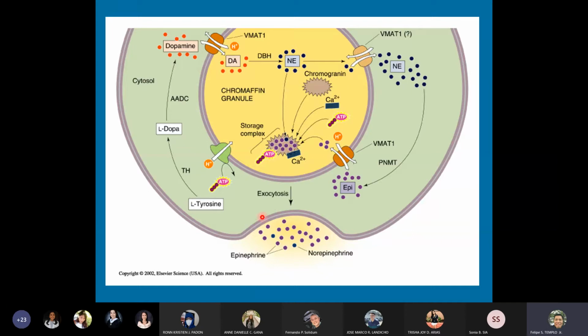So take note, although you already have some reserved norepinephrine, this entire process will be occurring very fast, maybe 30 seconds, or 1 minute or 2 minutes, just to release enough epinephrine for you to have the fight or flight reaction.